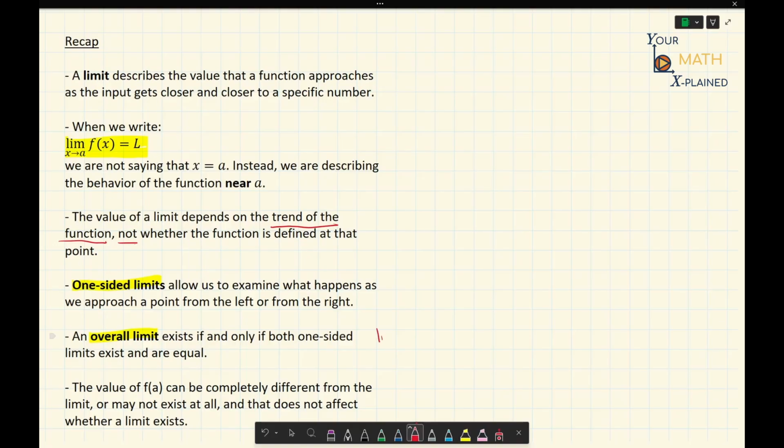So in notation form, that would be limit as x approaches a of our function f of x is equal to L if and only if the limit as x approaches a from the positive side of f of x is equal to the limit as x approaches a from the negative side for our function f of x, and both of them are equal to L. And finally, the value of f of a can be completely different from the limit, or it may not even exist at all, and that does not affect whether or not the limit exists.